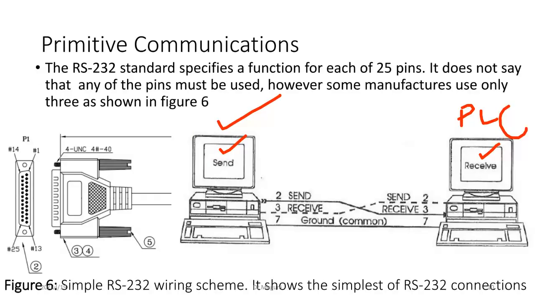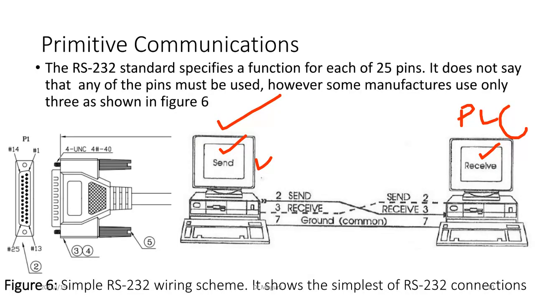Now, in this case, they're using 3 pins. What do I mean by that? There's a thing that is called handshaking. Handshaking means that when this device here needs to send information, it first needs to acknowledge that there is a device on the receiving end.